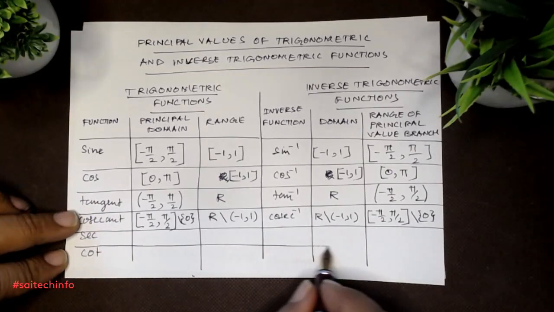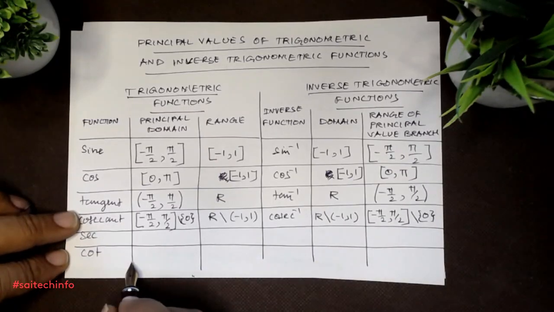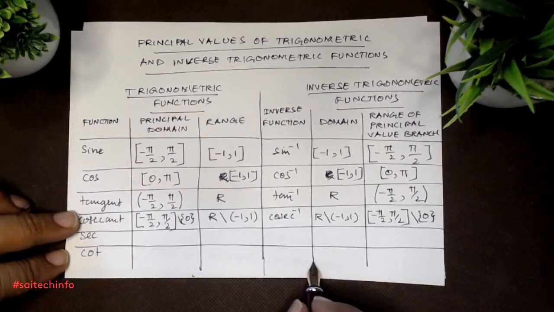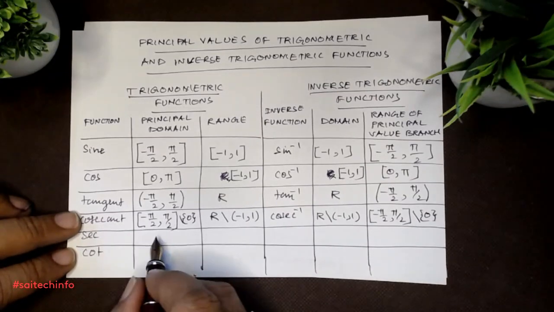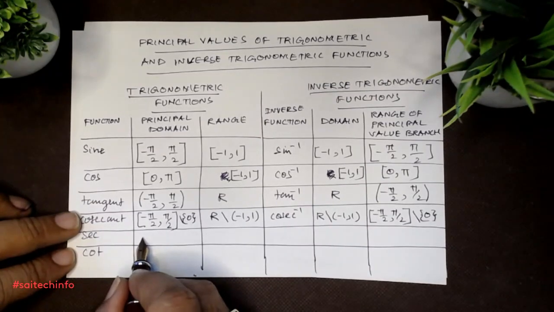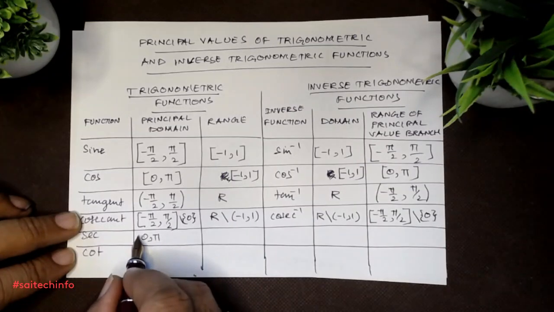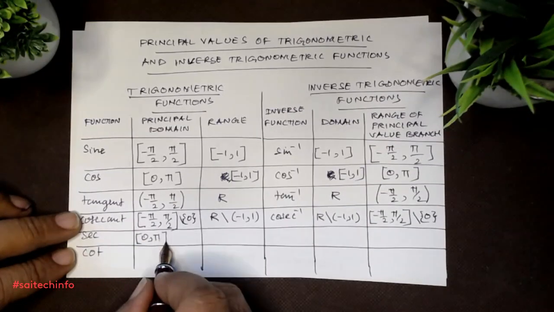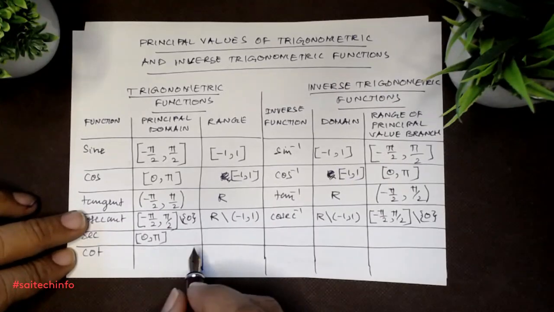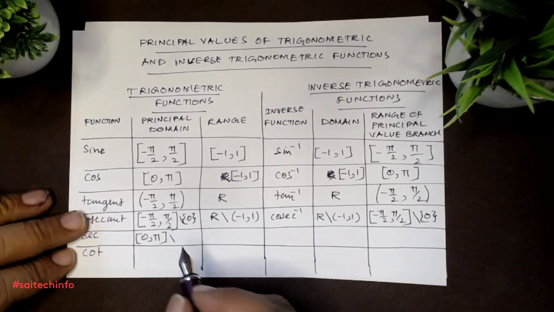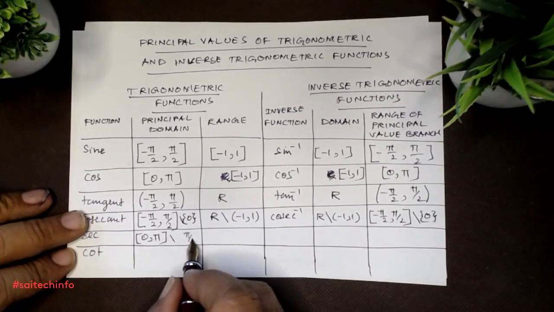And then similarly for secant. For secant, it is like cos, 0 comma pi with the closed interval, but excluding pi by 2.